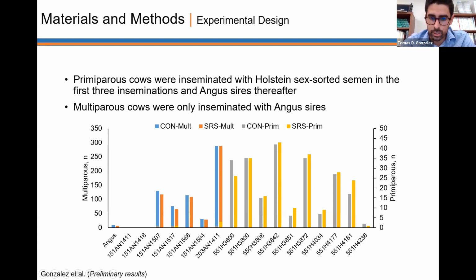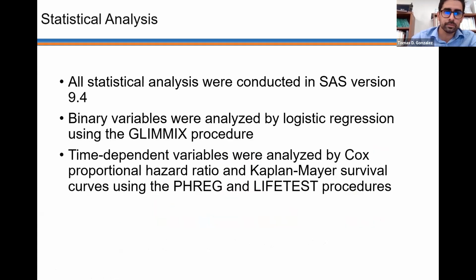For all these cows, they have the sexed semen. And multiparous cows were bred just with Angus sires. On the left side, you can see the distribution of the groups, and it's really uniform.